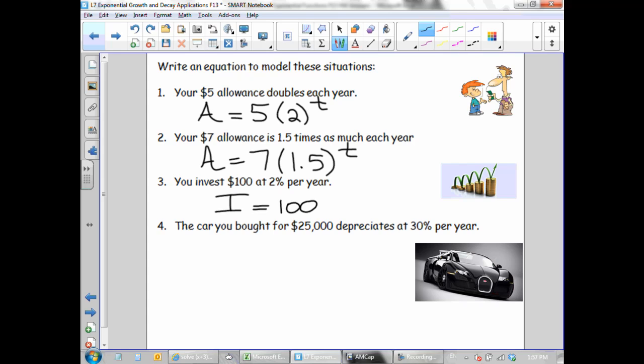You're getting $2 each year. You are, but if we want to think about it, we start at 100%, but we add 2%. So that's 102%, which is really 1.02. Okay? So 1.02 is the key thing to find there.